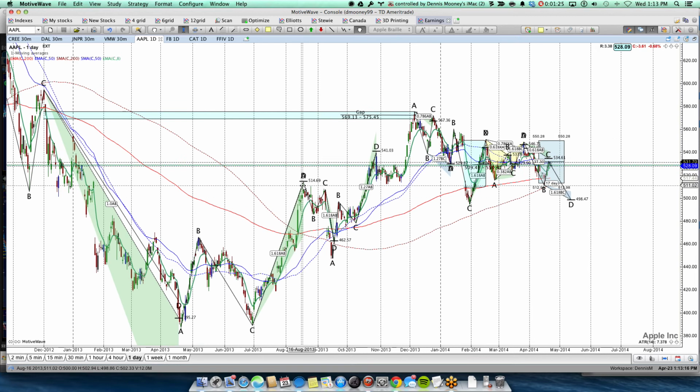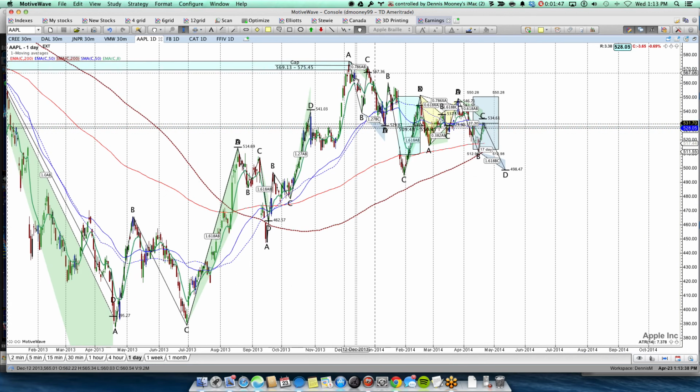That was followed by, in August in the summer, an A, B, C, and a perfect D. That was followed by A, B, C, and this D pattern was 1.27, CD was 1.27 of AB.